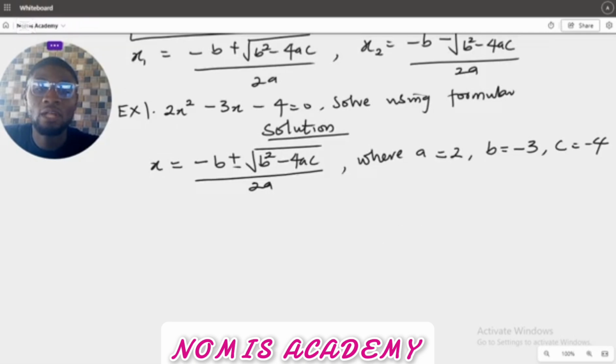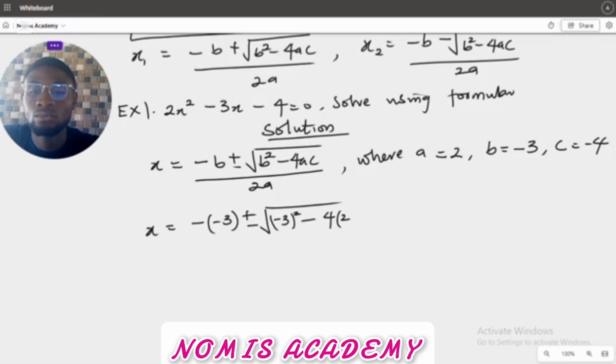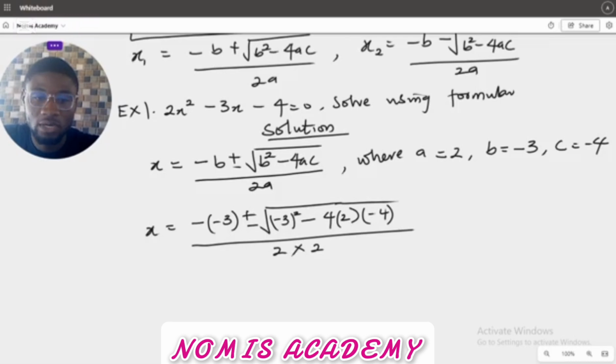So we open another bracket, minus 3, close the bracket, then we say plus or minus, now the square root, b squared, that's minus 3, we square it, minus 4, open bracket, what is a? 2, close bracket, what is c? Minus 4, open another bracket, minus 4. Opening bracket tells us that we need to multiply, right? All over 2 multiplied by what is a? 2. So let us begin to calculate.